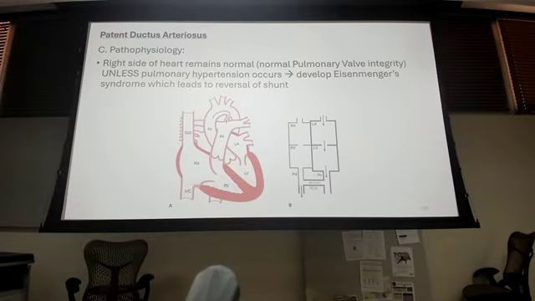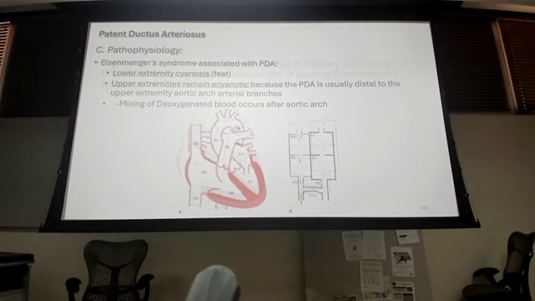The problem is, with that increased pressure in the pulmonary arteries, if you allow it to persist for years, decades, they can develop pulmonary hypertension, which then can lead to Eisenmenger syndrome, where now, instead of that shunting occurring inside of the heart, it's outside of the heart, and what you get now is a reversal of flow where that deoxygenated blood in the pulmonary artery gets shunted to the aorta and mixes with the oxygenated blood in the descending aorta.